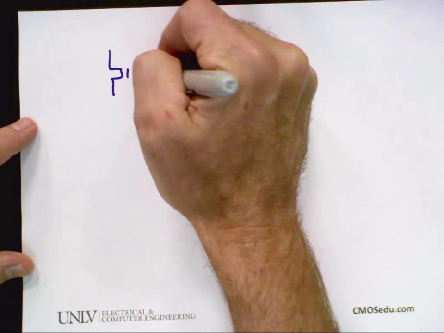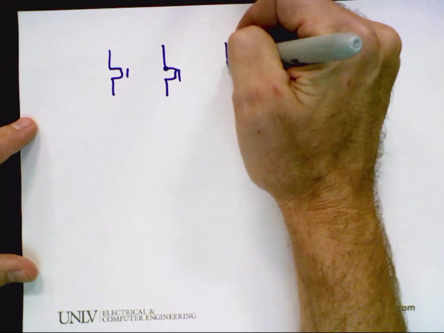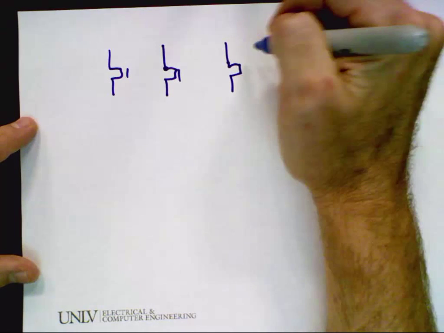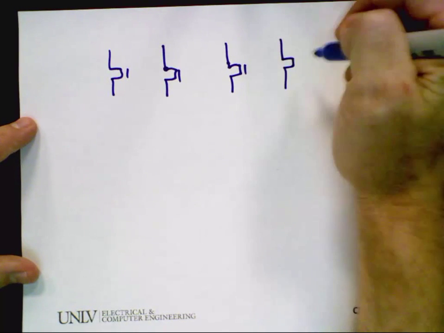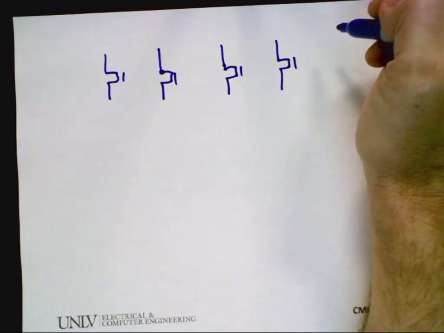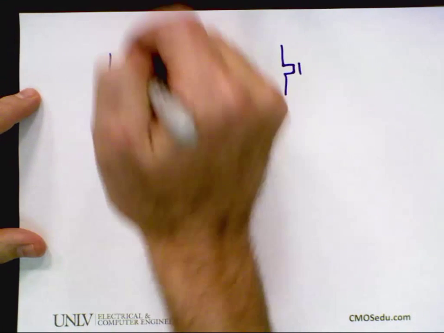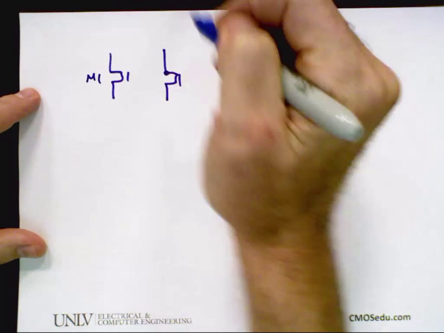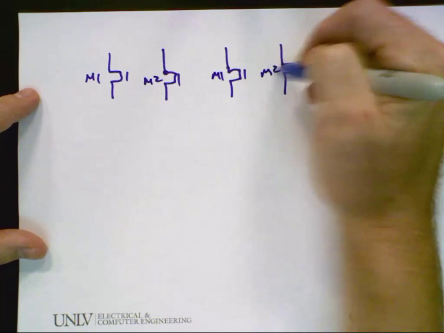Let me think for a sec. All right, so let's say I connect these all up. This would be, say, M1, and this would be M1, and this is M2, and this is M2.